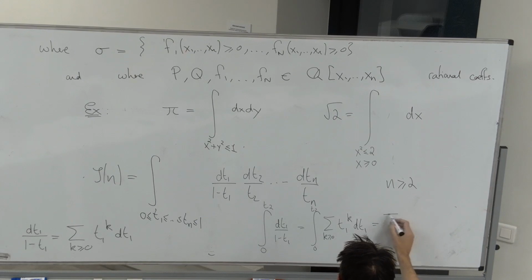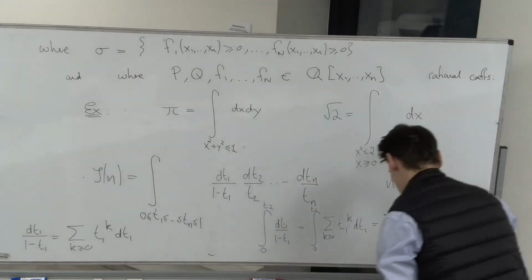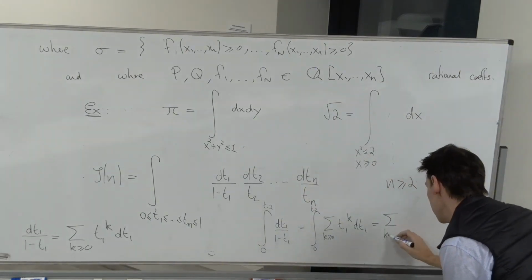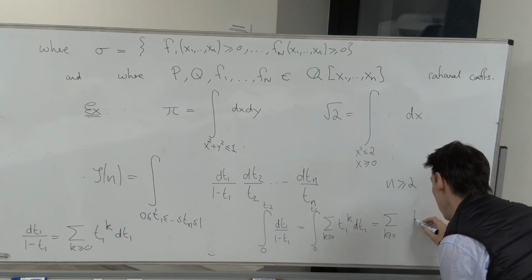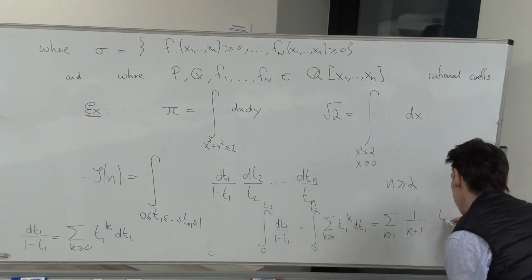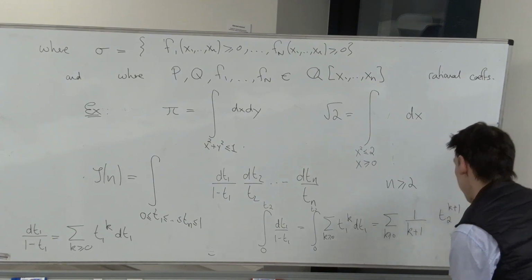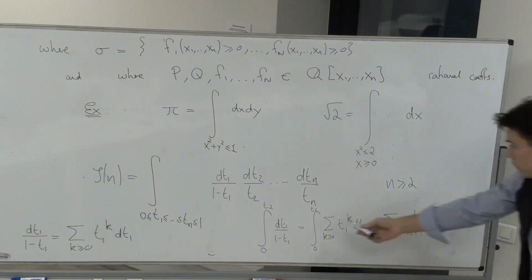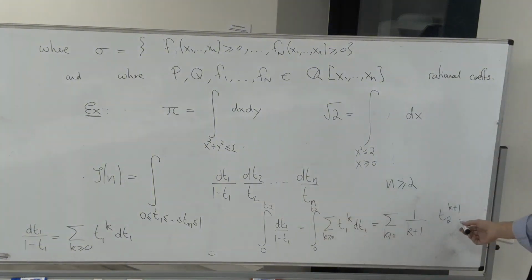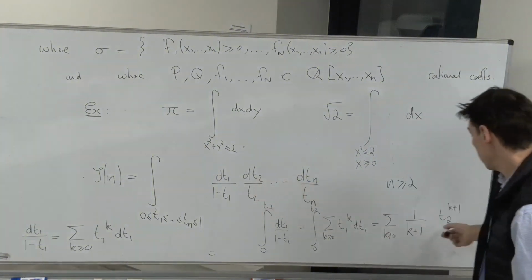And this is the sum over k bigger than or equal to 0 of 1 over k plus 1 times t2 to the k plus 1. So I've done the first integration, but then you do the same thing.